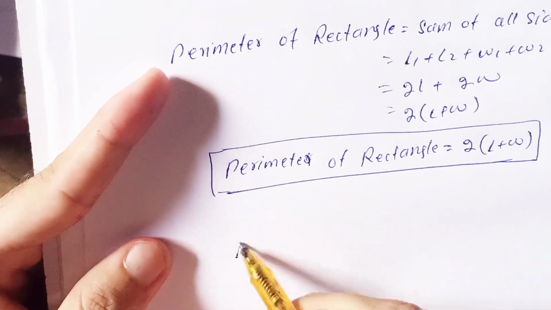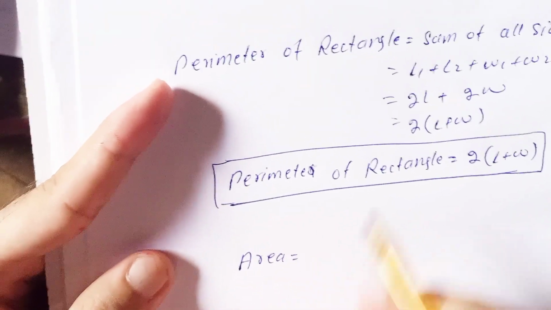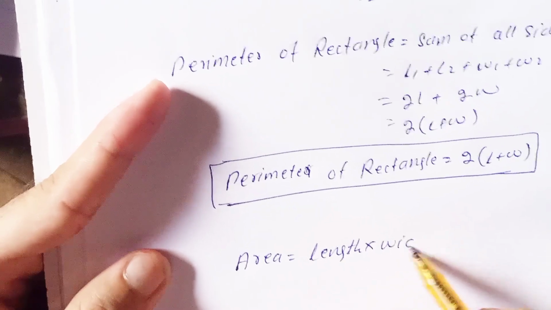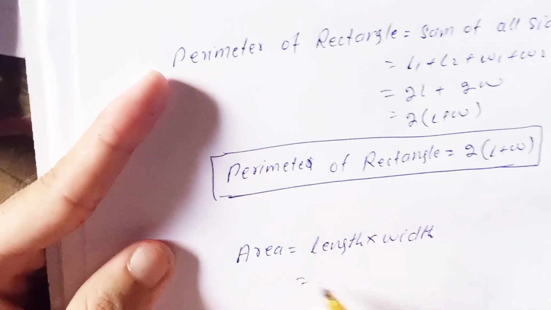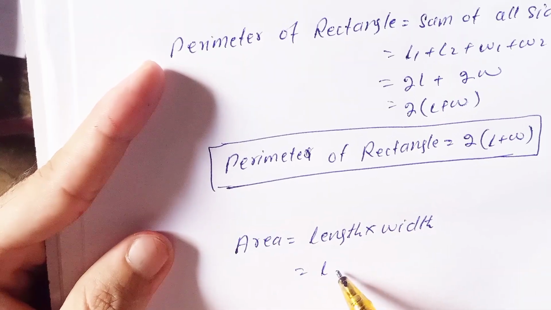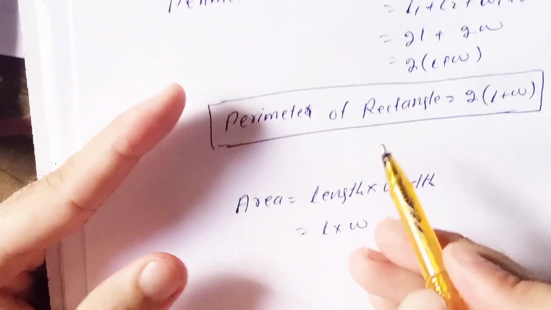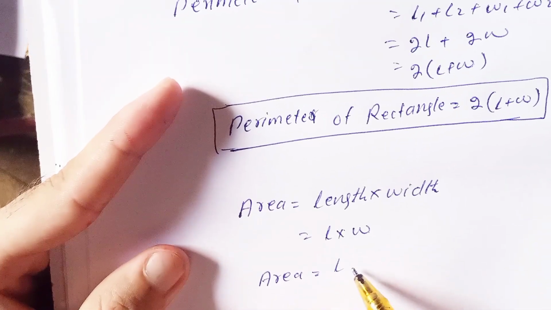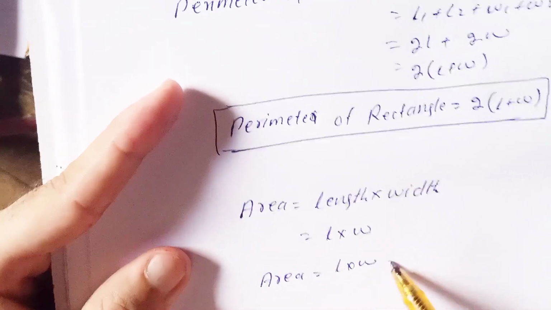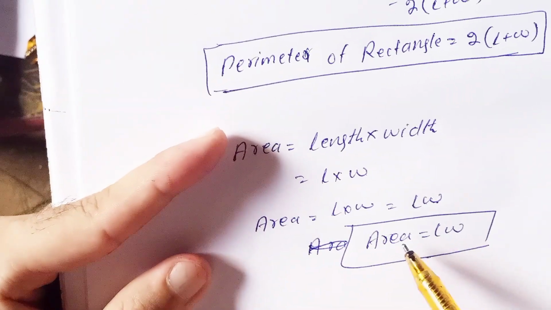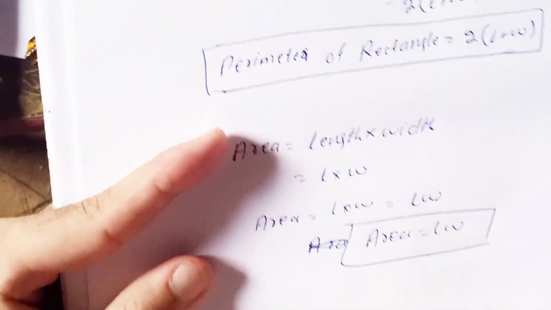So the area is equal to length times width. Right, so here we see that length is equal to L and width is equal to W. So area is equal to length times width, or LW. This is the formula for the area of the rectangle, right?